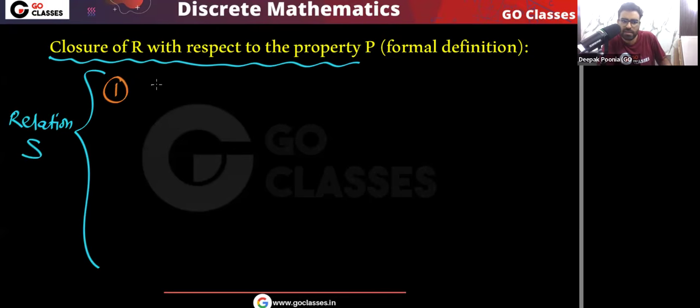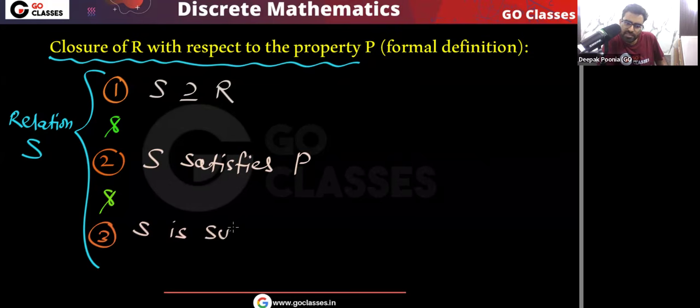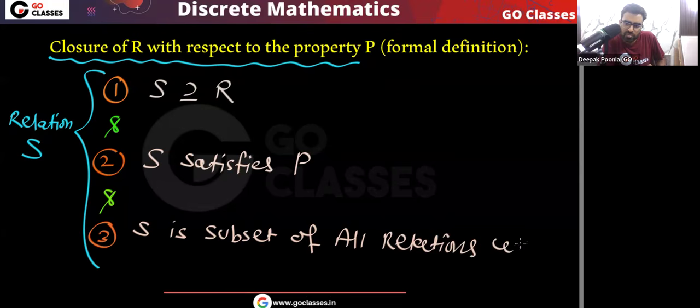The first property is that S contains R. The second property is that S satisfies P. And the third property is that S is a subset of all relations which satisfy 1 and 2.